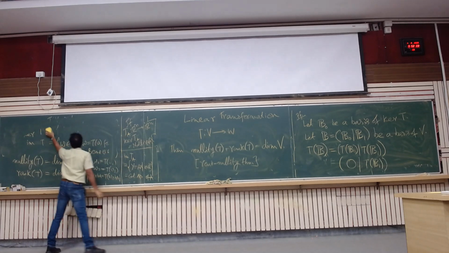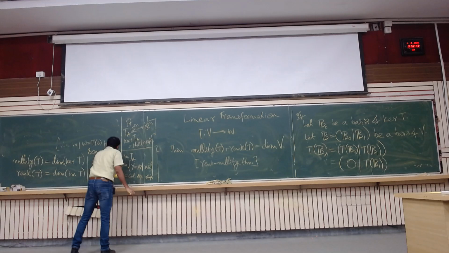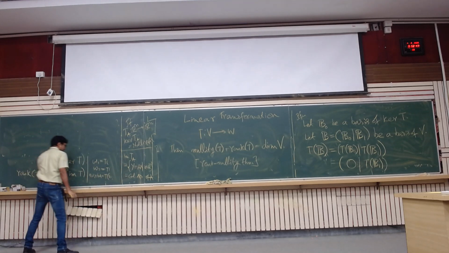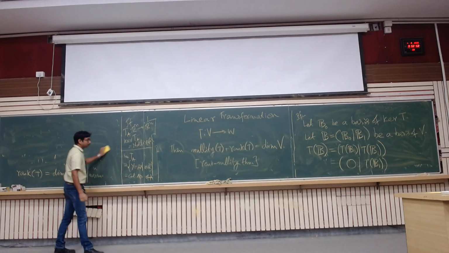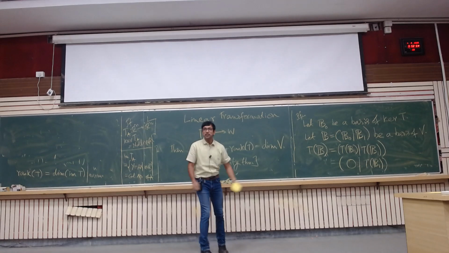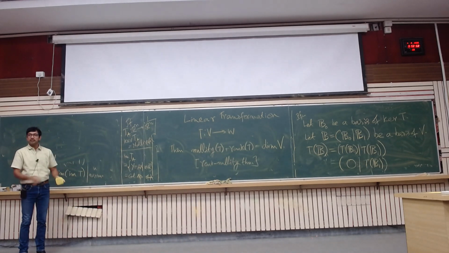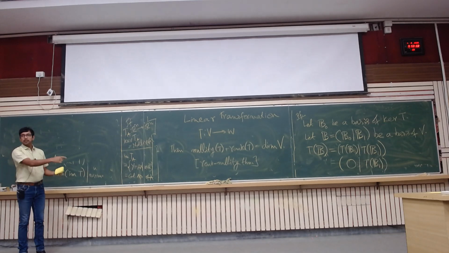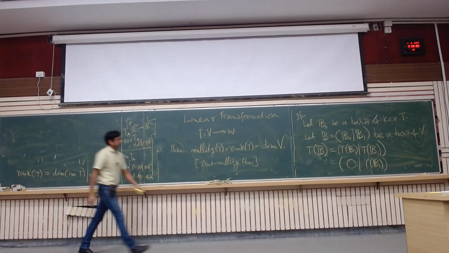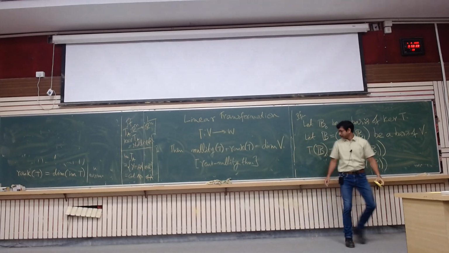So at first, why should the image be spanned by T of B1? T of B0 is 0. So any vector you can represent as a linear combination of the elements in B0 and B1. But everything in B0 is going to 0. So what remains are these ones and the linear combinations of them, right?